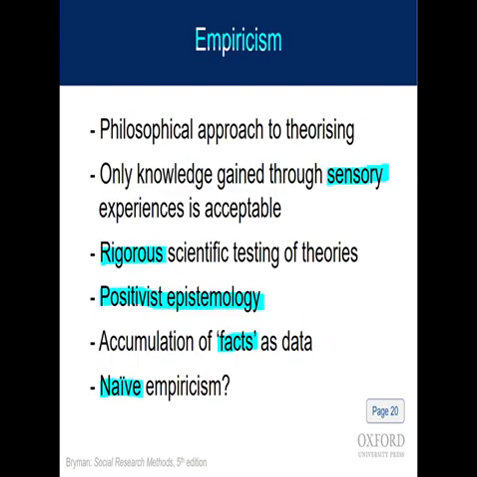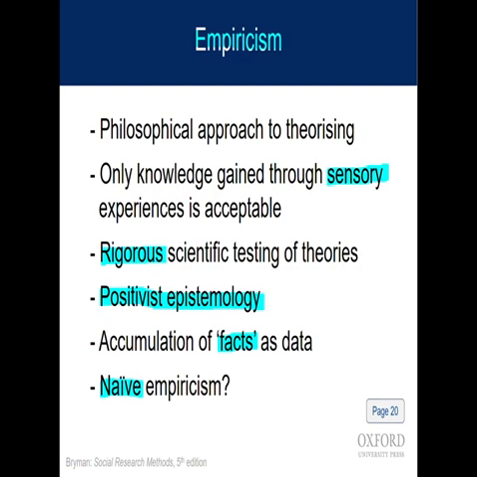Now, you see on this next slide that the heading here says empiricism. And what we mean by empiricism is it's a philosophical approach to theorizing. That just means that empiricism is something that comes from philosophy. And the idea behind this approach is that only knowledge gained through sensory experiences is acceptable.